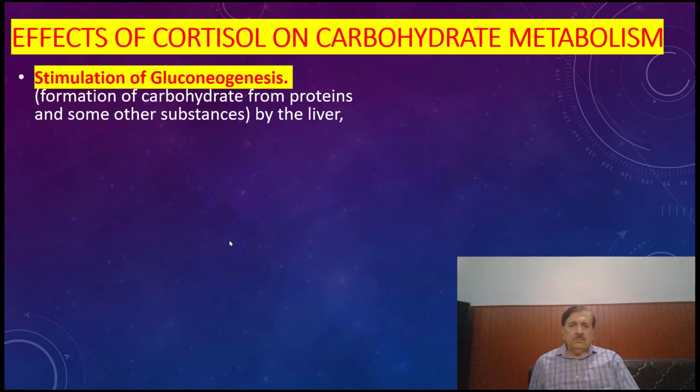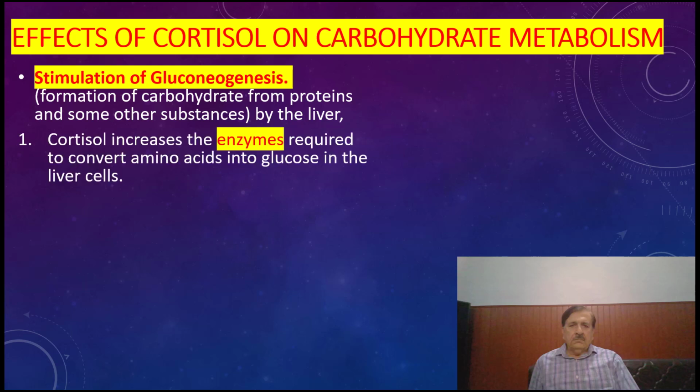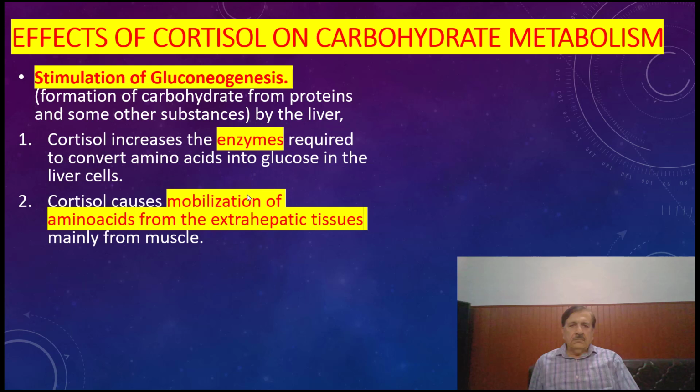Effect of cortisol on carbohydrate metabolism. Stimulation of gluconeogenesis, formation of carbohydrate from protein and some other substances by the liver. Cortisol increases the enzymes required to convert amino acid into glucose in the liver. In the liver, the enzymes which are responsible for conversion of protein to glucose are increased.